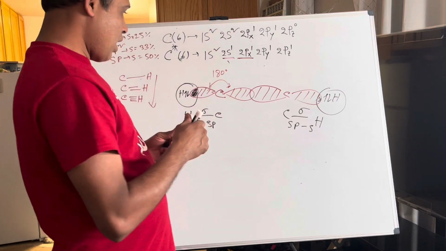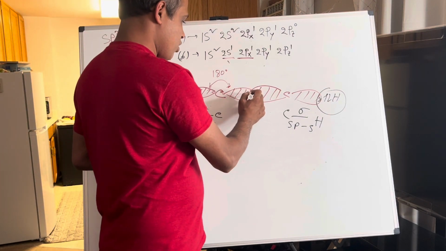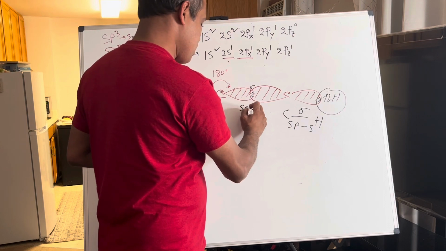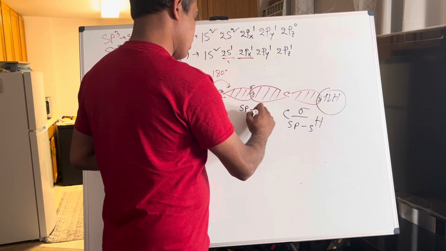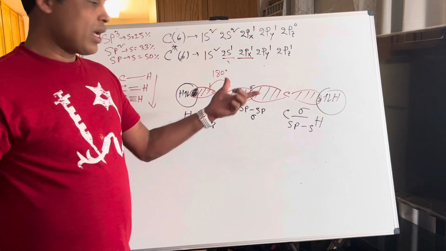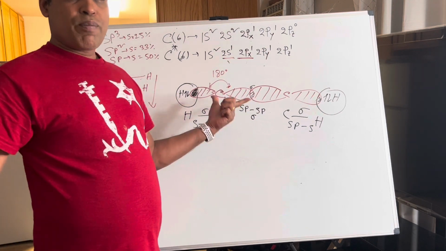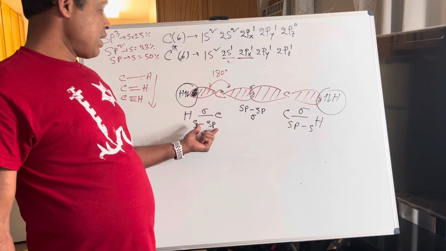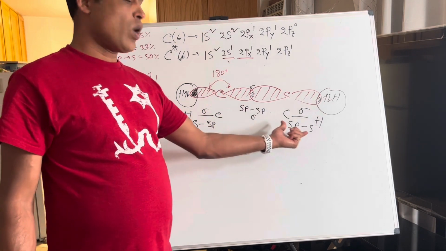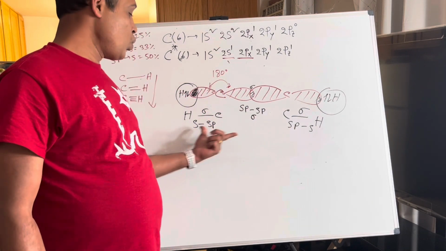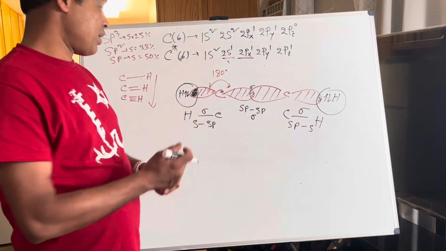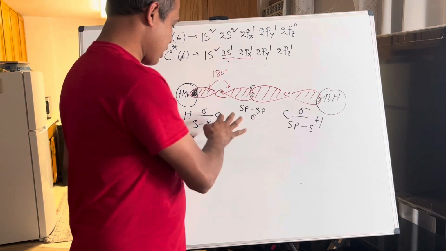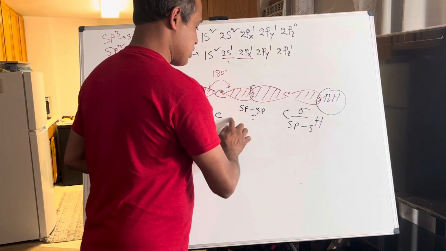Now here it is forming one sp-sp sigma bond between the carbons. So in the case of an sp hybridized or triple bonded molecule, it has one sp-sp sigma bond and two s-sp sigma bonds on the sides. So when it is connected, we can directly attach this as a sigma bond.